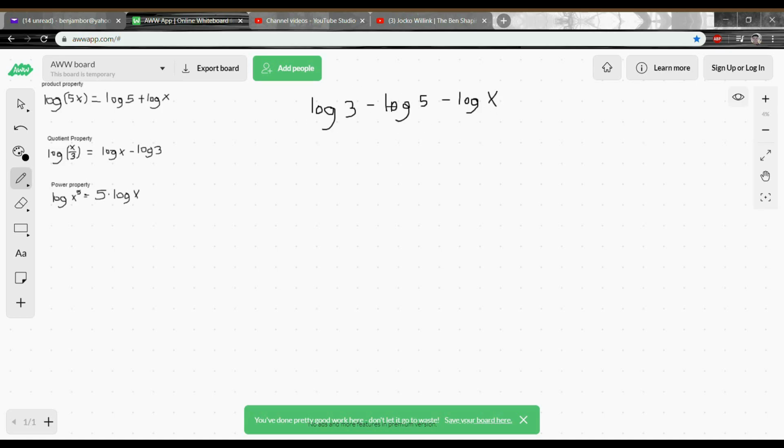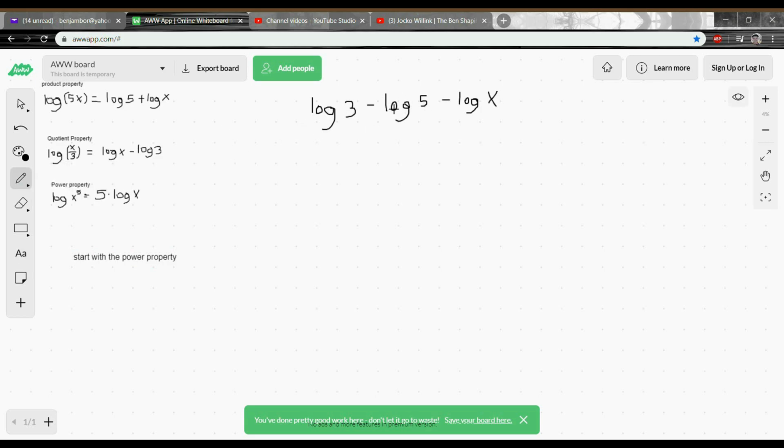We want to know the simplest way of going about this. Well, I would recommend that you always start with the power property. So we'll do that here.